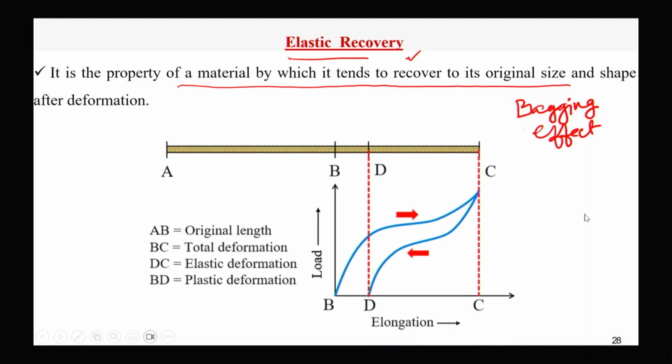This we have already discussed. AB is the original length, okay, and BC here in this picture is the total stretch, and then after releasing of the stretch it has recovered up to the point.